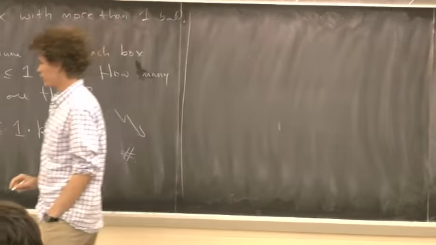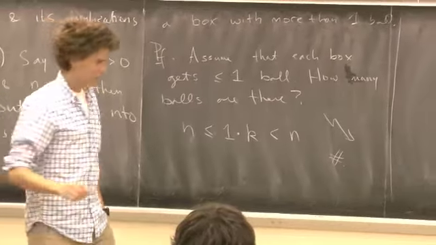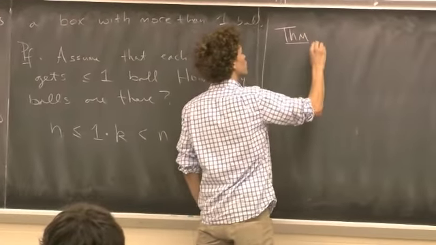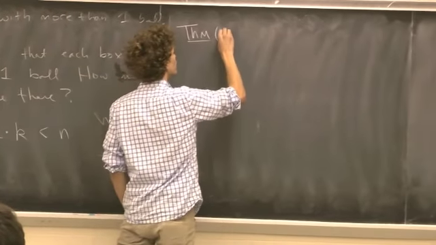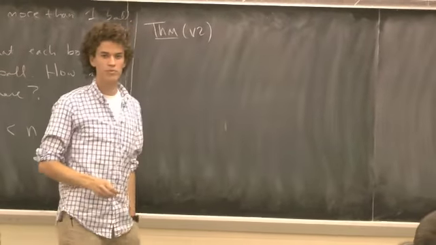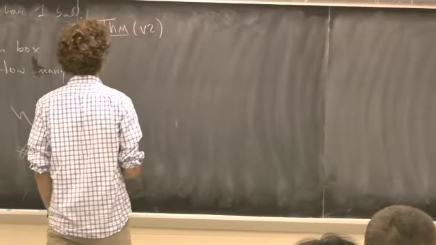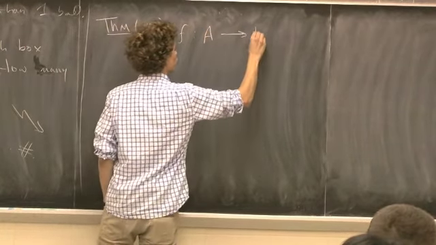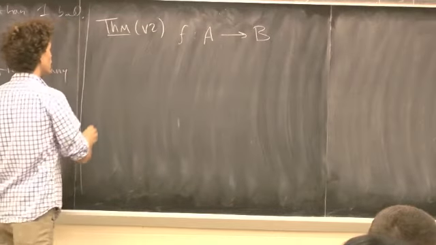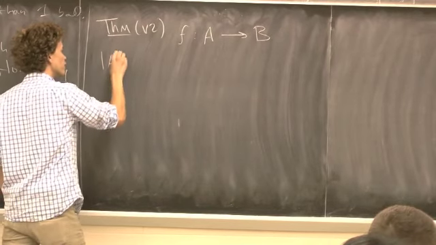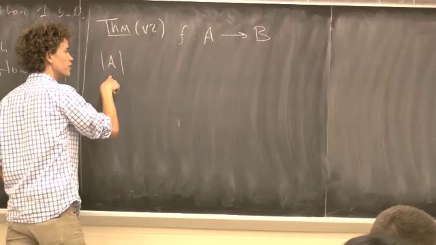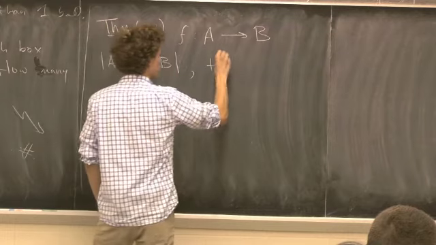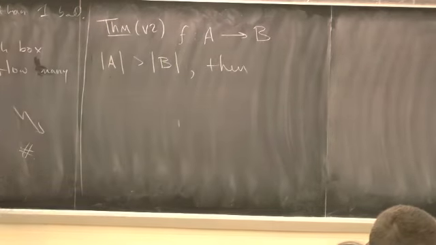Some of you may not really be happy with this formulation, so we could try version 2, using grown-up words, right? So let's say I've got a function from A to B, and the cardinality of A, the number of elements in A, is greater than the number of elements in B. Then, okay, what's the translation?